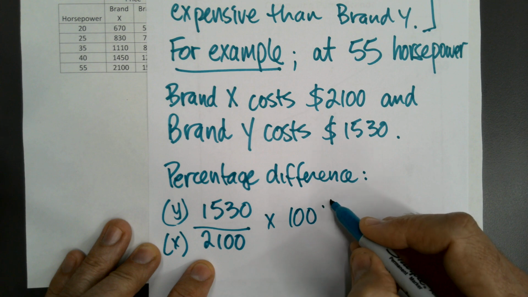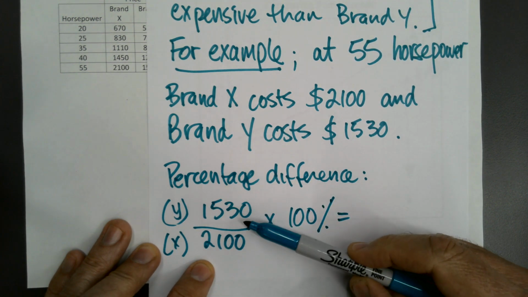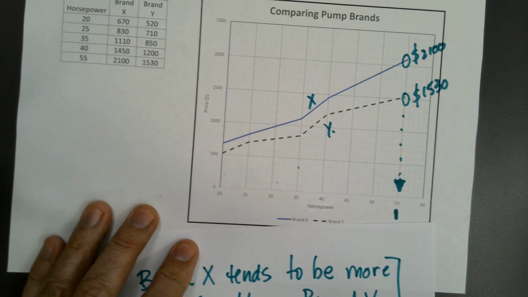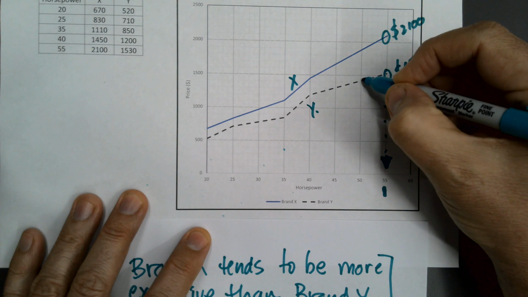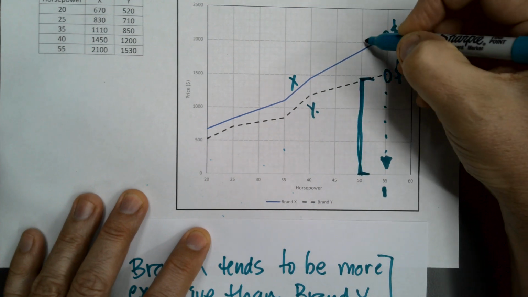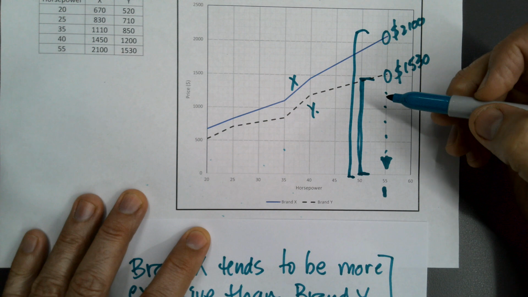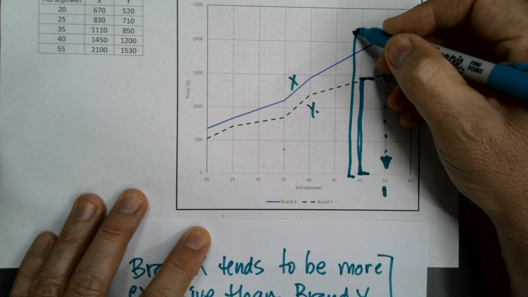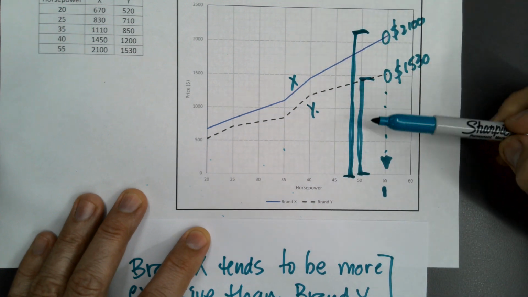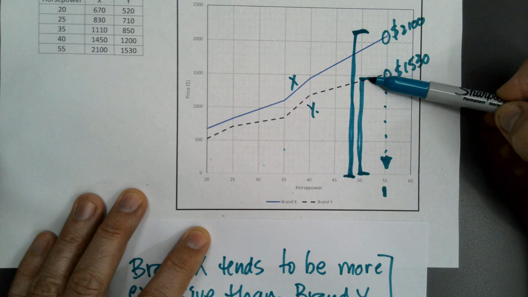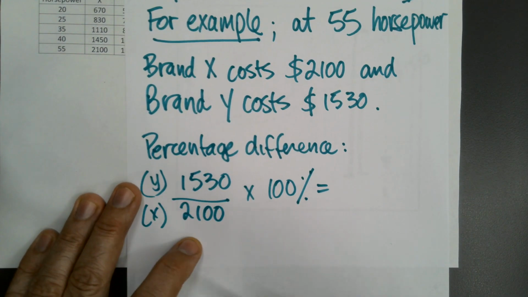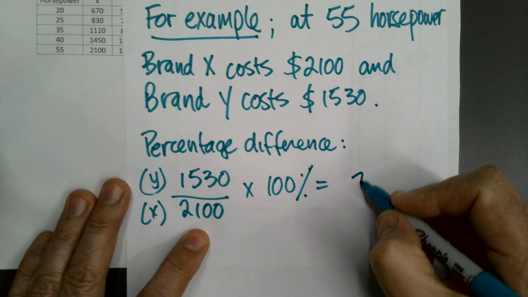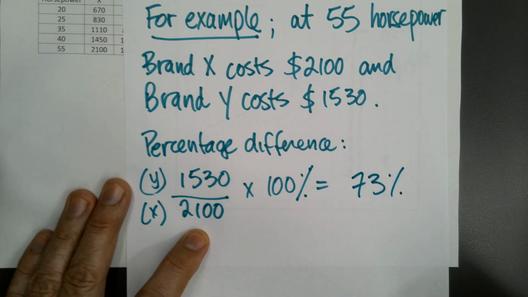So what I'm doing there is I'm finding what percentage is brand Y over brand X. So what I'm actually doing is what percentage is this distance here compared to that distance there. That's the cost of brand Y and that's the cost of brand X, just as a distance on the graph. What percentage of this big one is this smaller one? So you go that times 100 divided by that, and you end up with pretty close to 73%.